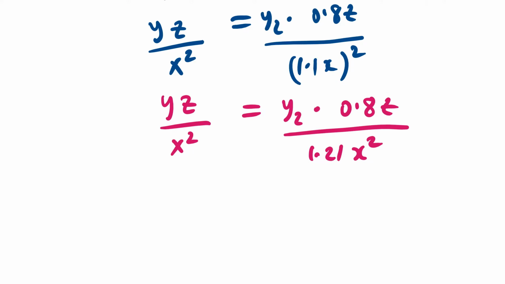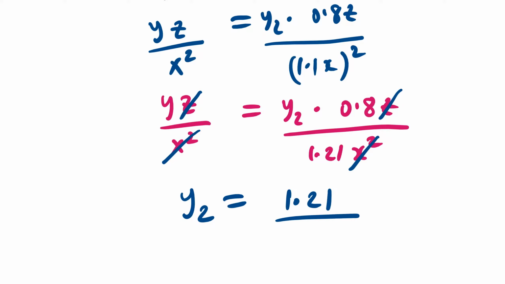So after this stage, now we are in a position to divide. So z and z will cancel, x squared and x squared will go. So we are looking for y2. y2 will be 1.21 times y divided by 0.8.